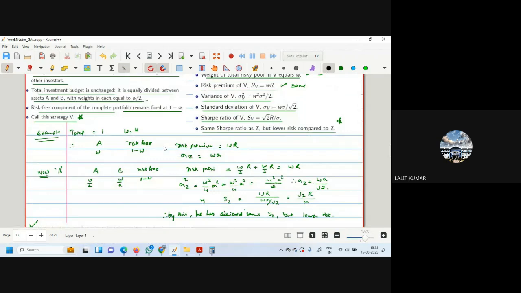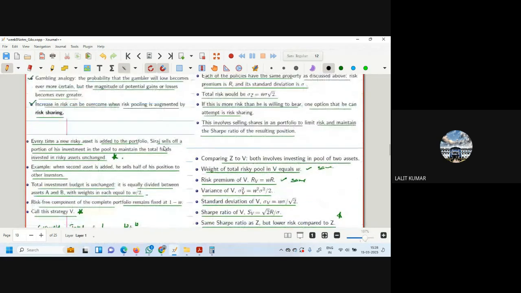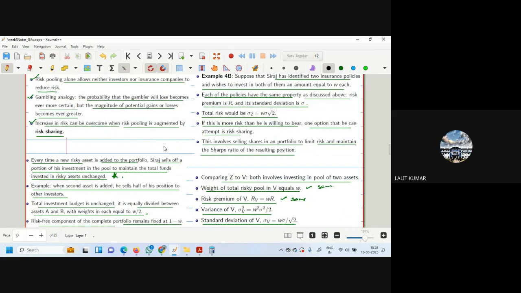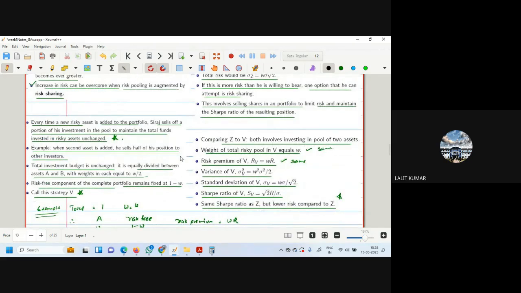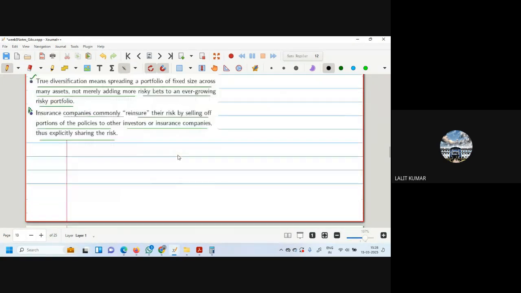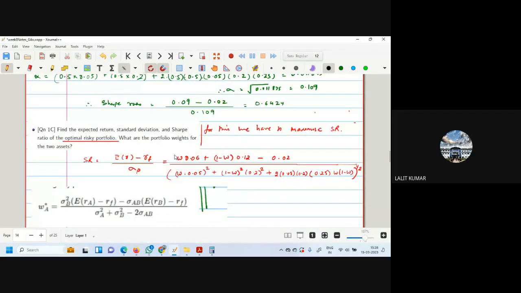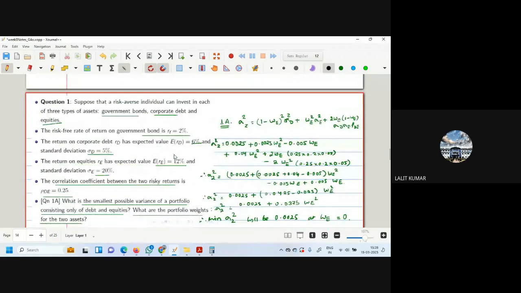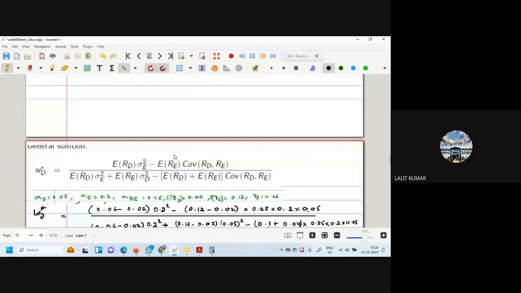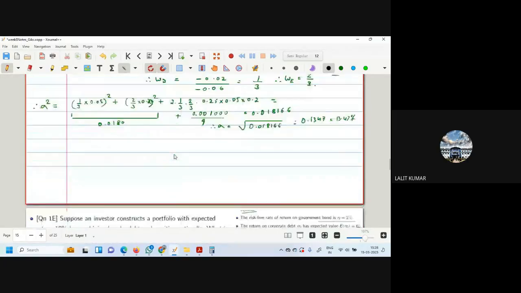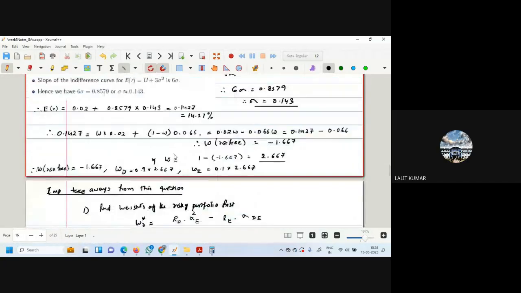And Sharpe ratio will remain the same. It will be your total expectation minus RF divided by the standard deviation of your portfolio under all conditions. So they had given these GAs.